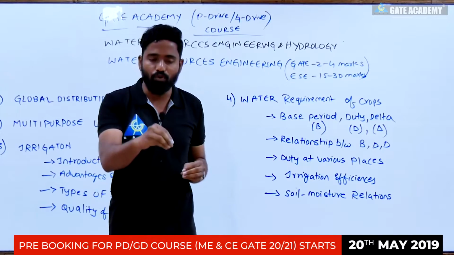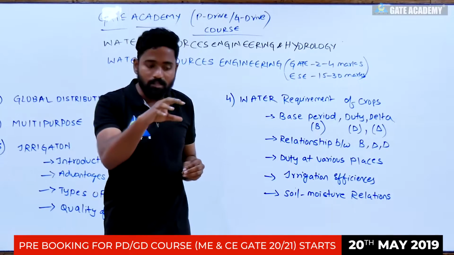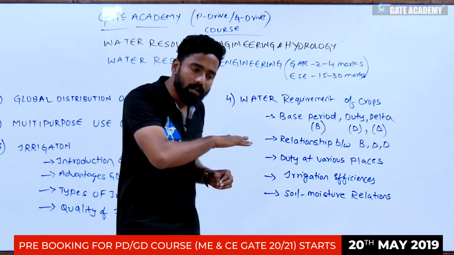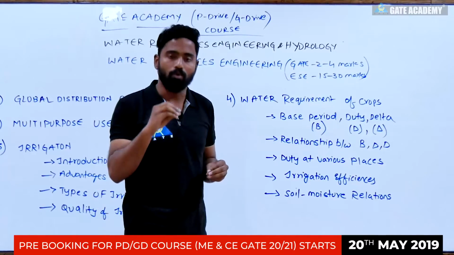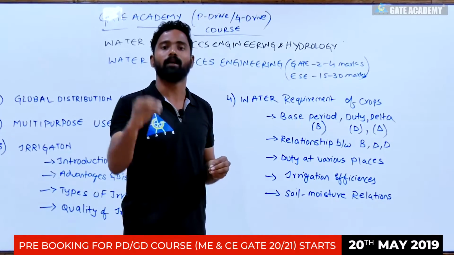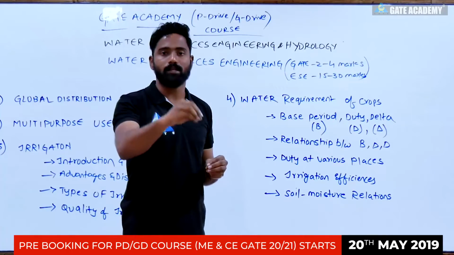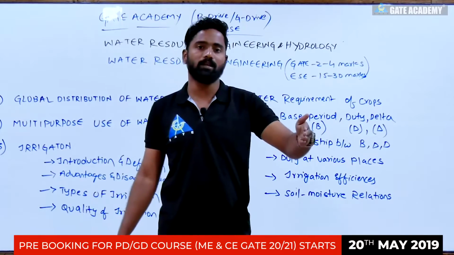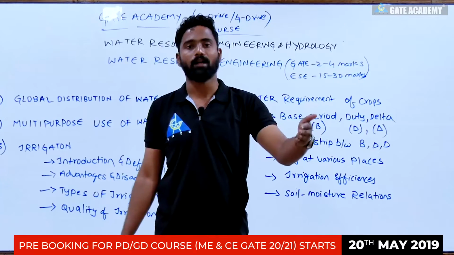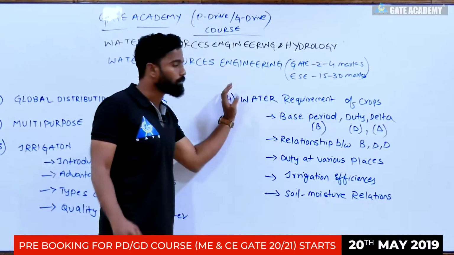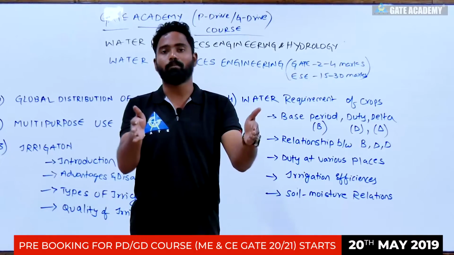Just before sowing the seeds into the field, you will first clean the land and then water it, then you will sow the seeds, and then before harvesting you will do your last watering, right? So that is water requirement of crops, and that period is called crop period.